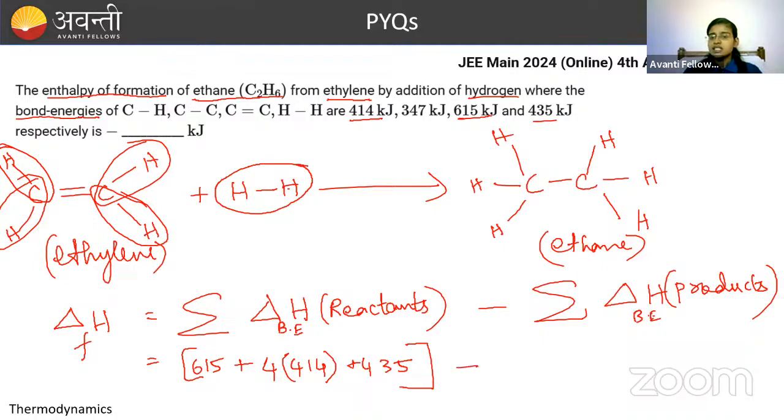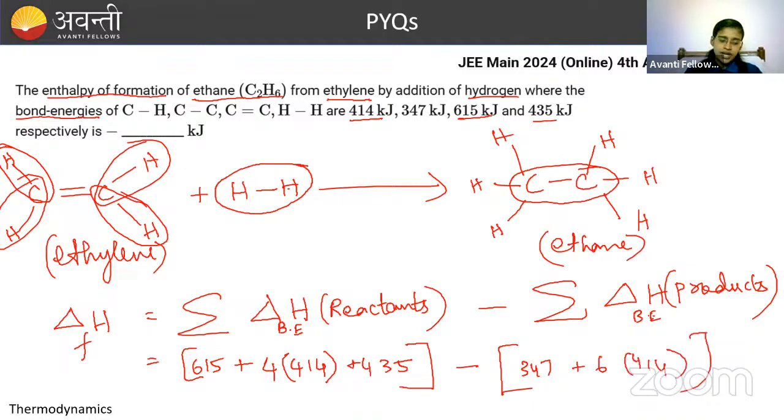Next, coming to the product. In product, I have one CC bond and its value is 347, and I have 6 CH bonds, so it will be 6 into 412. Now, if I solve this, I will get 2706 on the reactant side and 2831 on the product side.